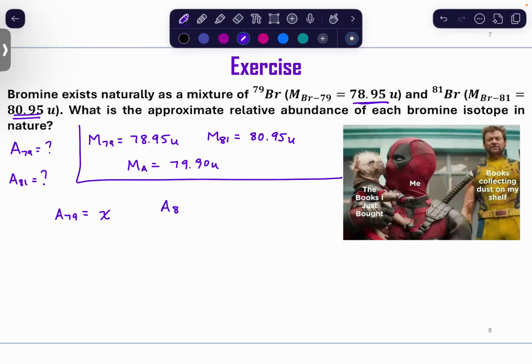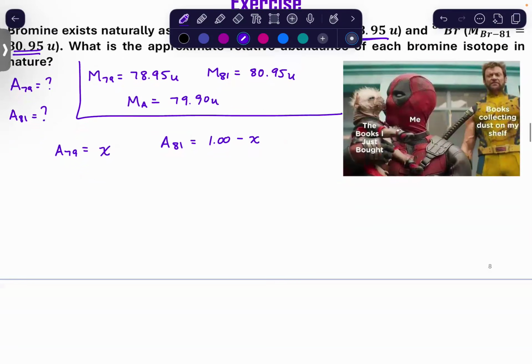And my abundance of bromine 81 is 1 minus X, because the two of them together have to equal 1. If I find the abundance of 79, then 81 just has to be 100 minus whatever 79's abundance is. So these are my two abundances that I can put into my formula.